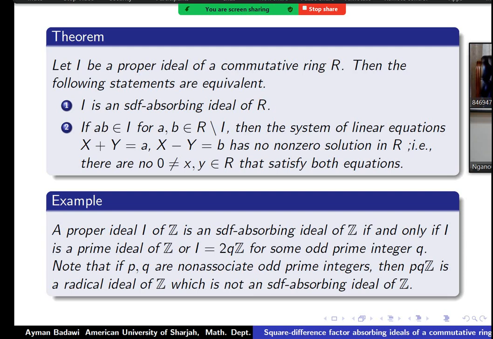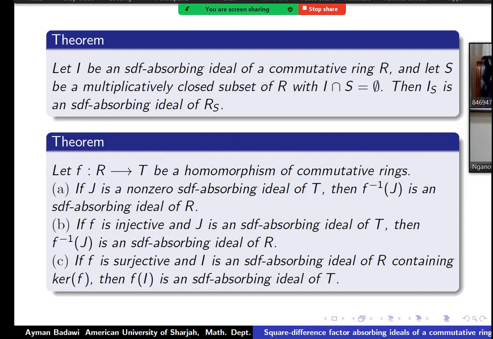Where if you remove the 2 and you put another prime like a Q1 that is not 2, then it will not be a square difference factor absorbing ideal. Okay, these are, I think, natural things to look at.